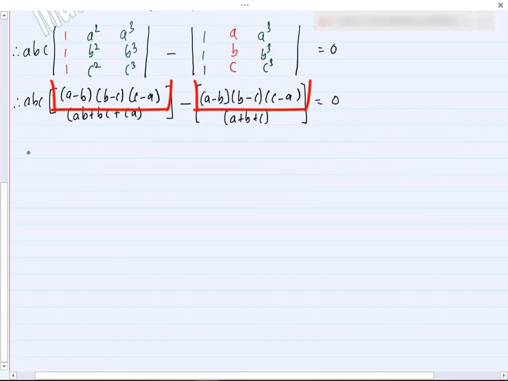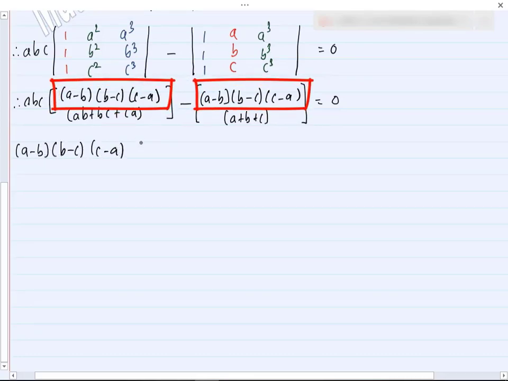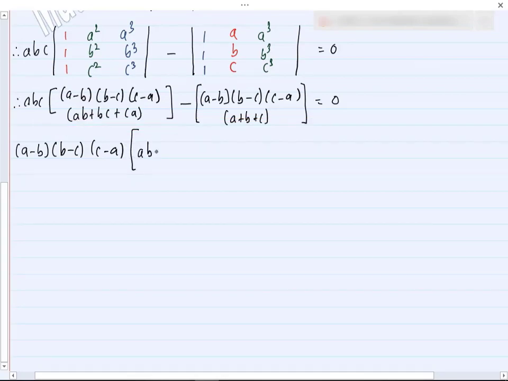So here let's take (A minus B)(B minus C)(C minus A) common from the two terms. So from the first term, the remaining terms are ABC into (AB plus BC plus CA), minus from the second term we will get (A plus B plus C), is equal to 0.